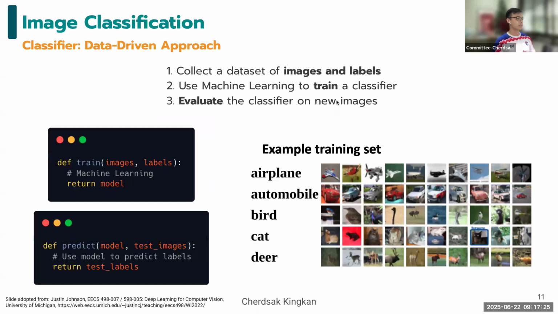So that brings us to the classifier that we call a data-driven approach. For the data-driven approach, there are basically three steps that we need to do. First, we need to collect a data set of images plus labels. To build a data-driven classifier, we have to have many images along with their labels. Okay.